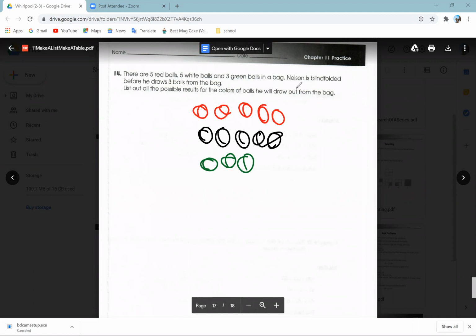So 3 reds, 3 greens, 3 browns. Or 3 blacks. Right? Well, in this case, whites, but same thing. 1, 4. Another one. We gotta do 2 red, 1 black. 2 red, 1 green. That's 2 more possibilities, right? We can do 2 black, 1 red, 2 black, 1 green. That's 2 more, right? 2 green, 1 red, 2 green, 1 black.